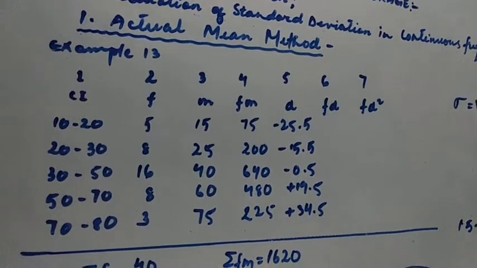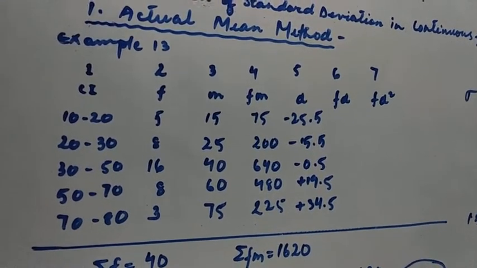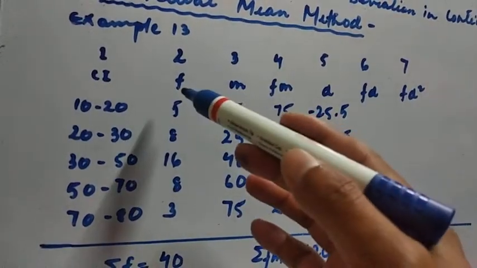So we get d. Now how do we find fd? F is this one, d is this one.